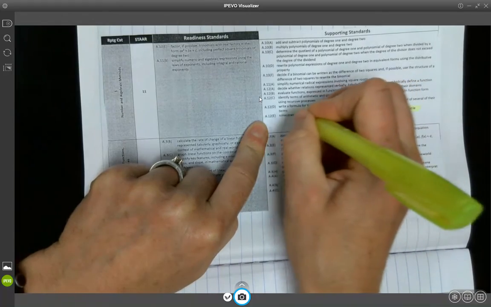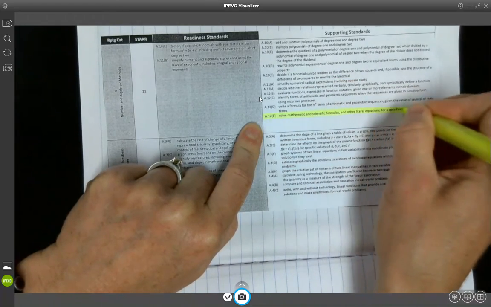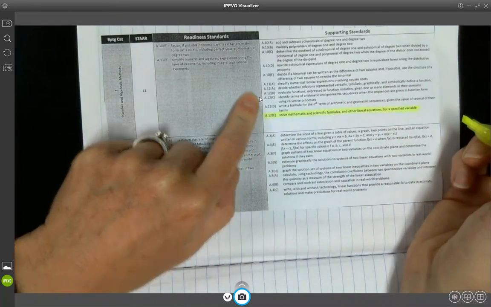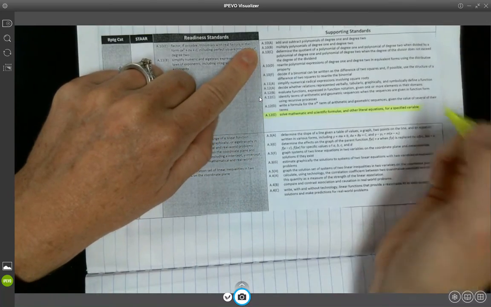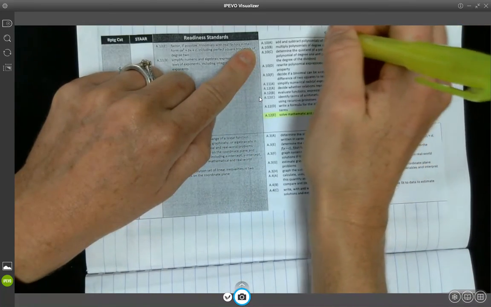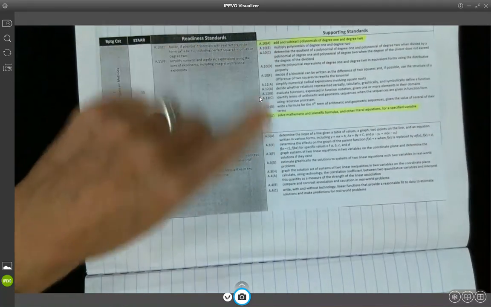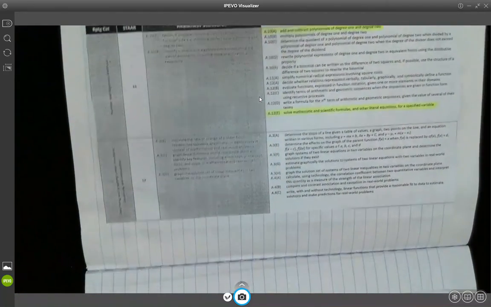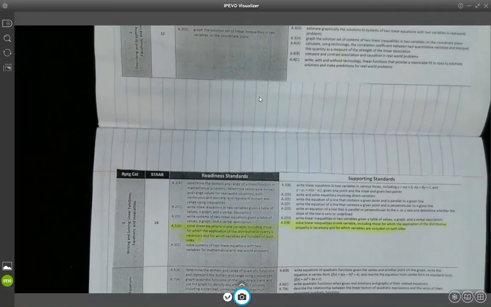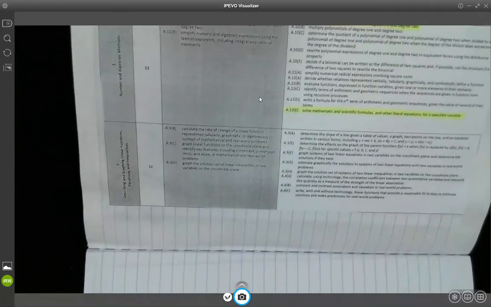It's about solving literal equations, so we did that. And then we did 10A, which is the one on top. Okay, so we have these two and then these other two. So we did 4 total in Unit 1.